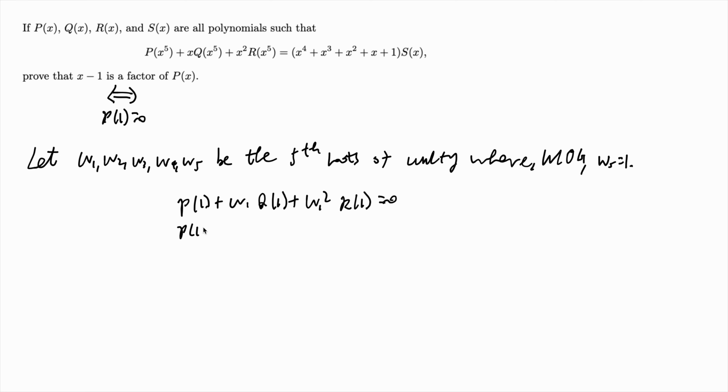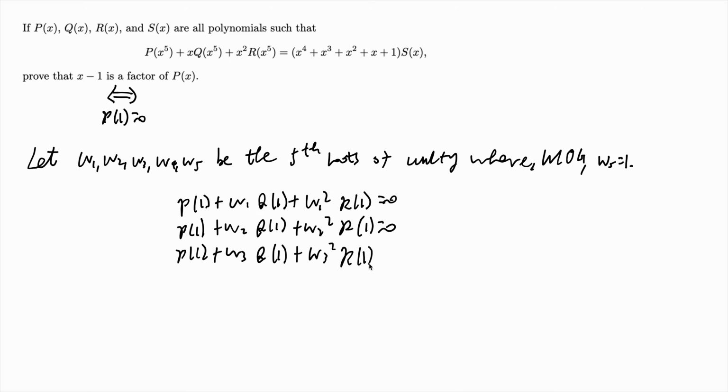And we could do the same for the others. P of 1 plus 5 Q of 1 plus R of 1 equals 0.